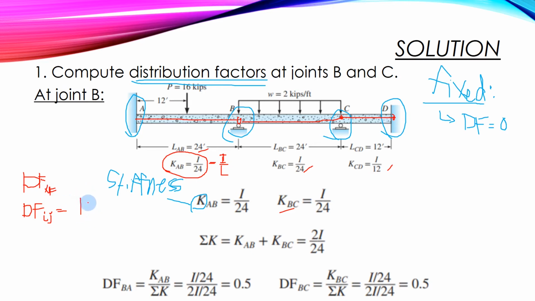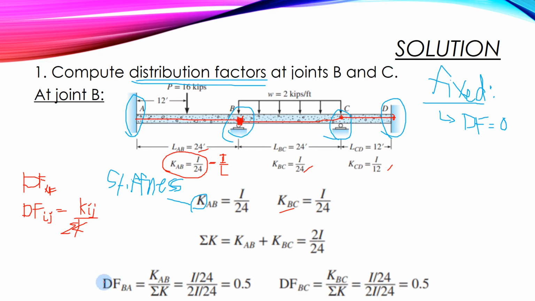DF is equal to K_IJ over the summation of K, which is the stiffness of the segments connected at joint B.